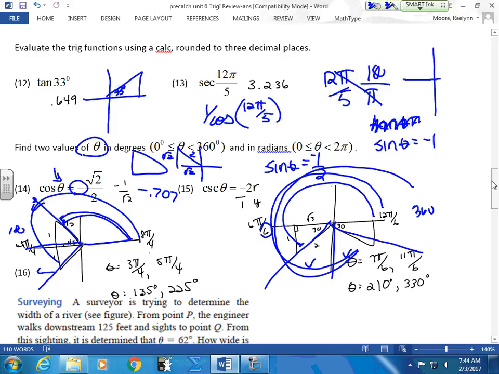On those quadrants. Think back to your unit circle.